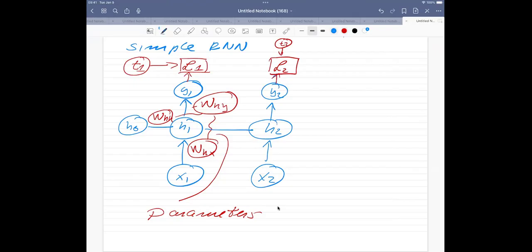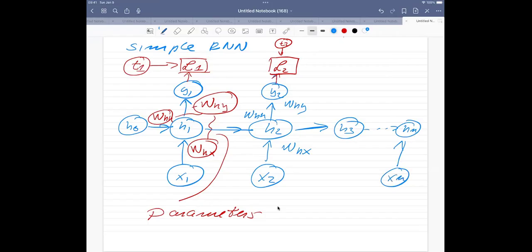And it shouldn't come as a surprise that this just continues. And we will have the weights again here, W_HH, there will be a W_HY, a W_HX. This feeds into an H3, and this goes all the way down to an H_N here. And we have an input of X_N, an input, an X3 here.